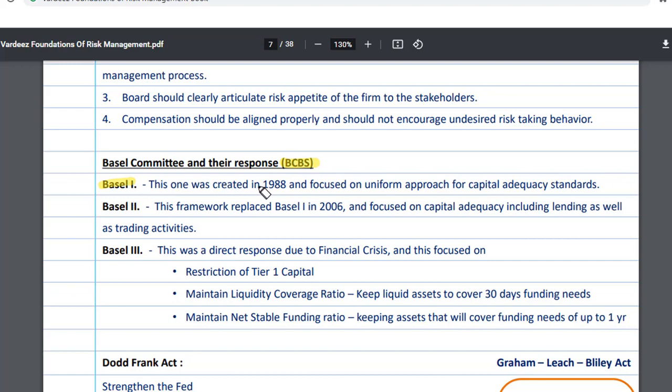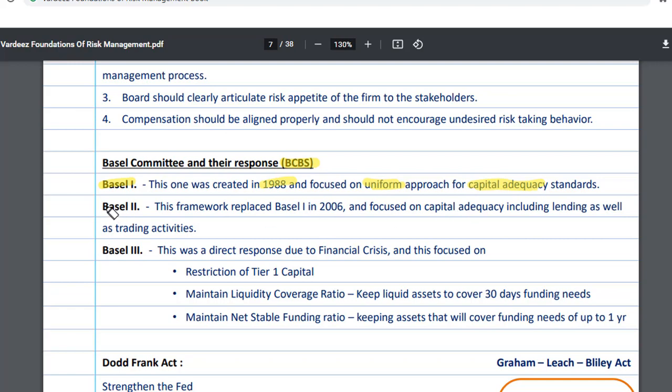This one was created in 1988, and it focused on a uniform approach for capital adequacy standards. So basically, the banks will have to keep a certain percentage of their capital aside, so that if anything happens, they can use that capital to cover the losses. Okay, so Basel 1 was focused on the capital adequacy standard.